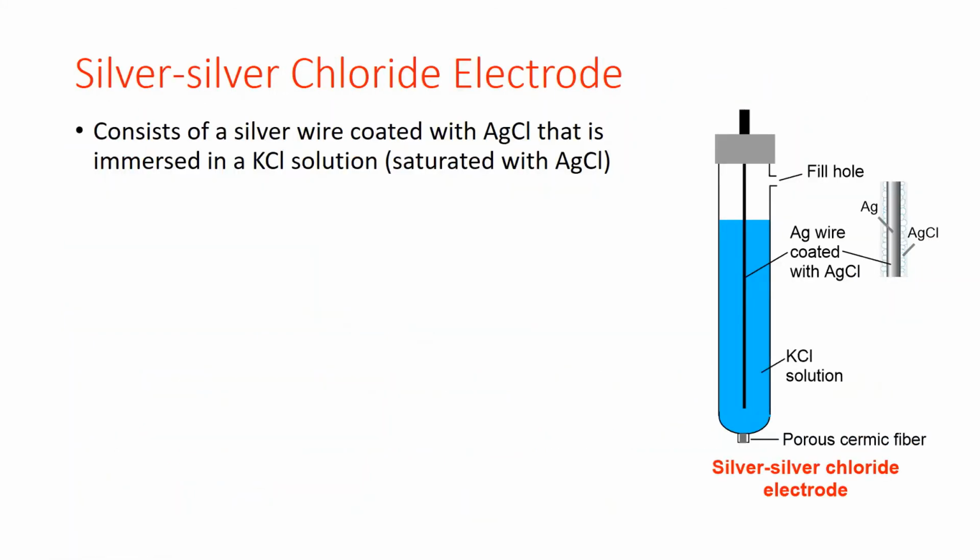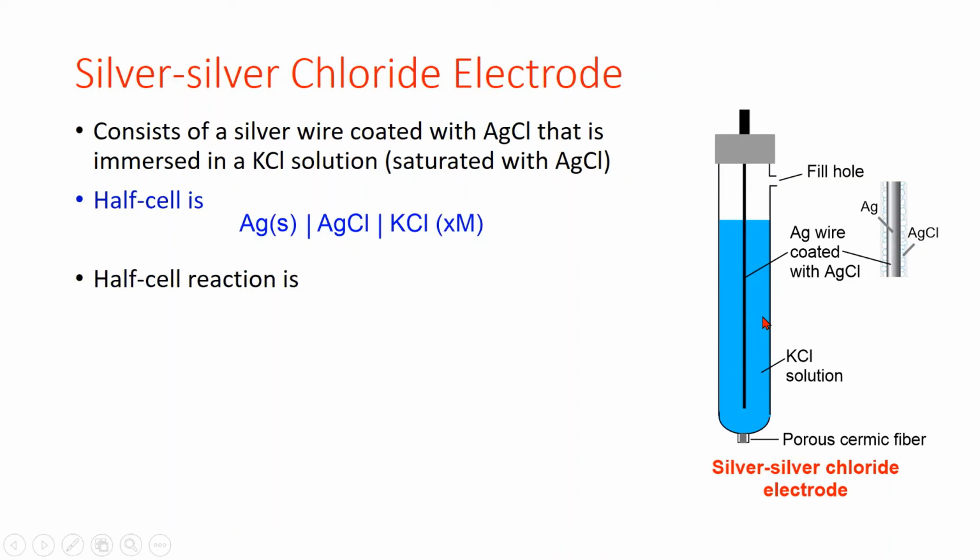The silver chloride electrode consists of silver wire coated with silver chloride and immersed in KCl solution saturated with silver chloride. The half cell is silver in contact with silver chloride in contact with KCl. The half cell reaction is silver chloride plus electron giving rise to silver plus chloride.